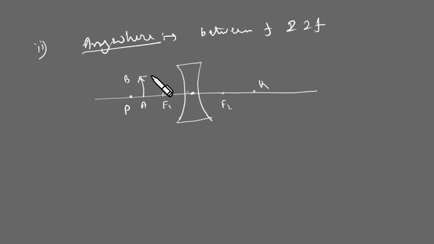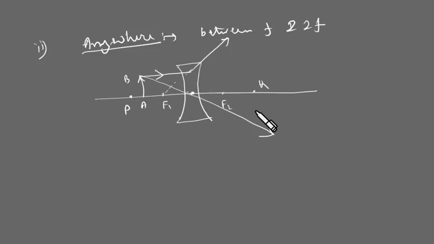We will consider two rays: of course, the paraxial ray, which after getting refracted will diverge and will look like coming from the focus. And then the second one we will draw, which will go straight through the optical center of the lens. Now do these rays after refraction meet with each other?